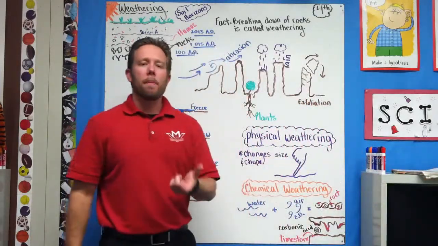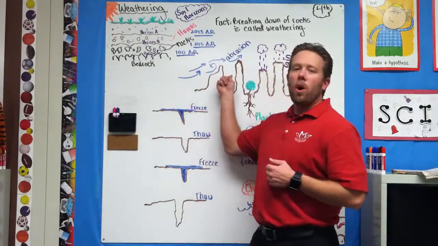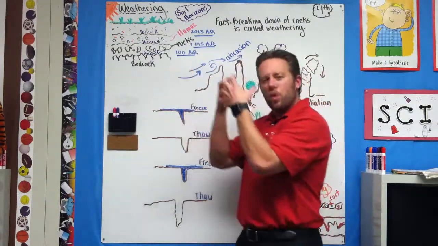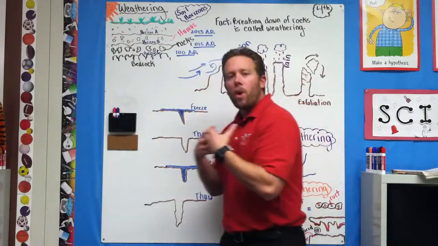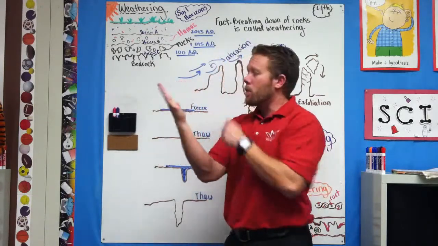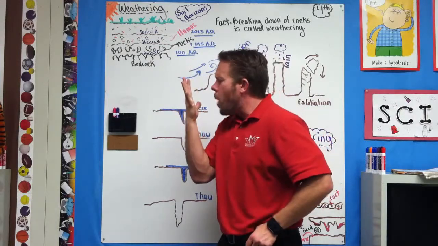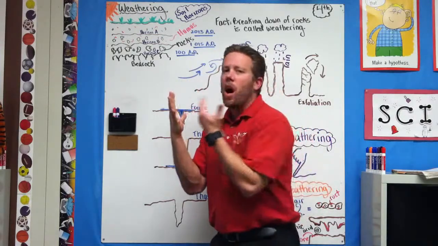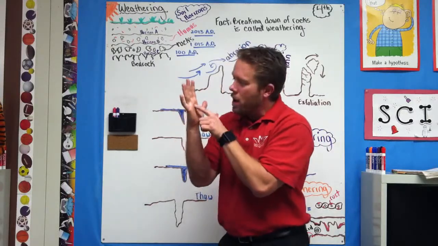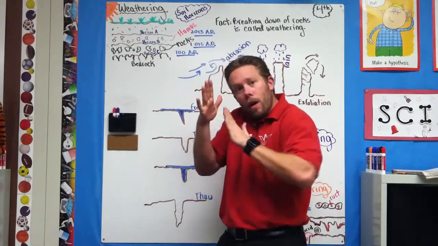Let's look at some examples of physical weathering. One example is called abrasion, and that's when wind basically erodes or chips away or eats away at rock. If I were to blow on my hand for 400 years, and it was constantly blowing on my hand, after a while, my hand would probably start being eroded a little bit.